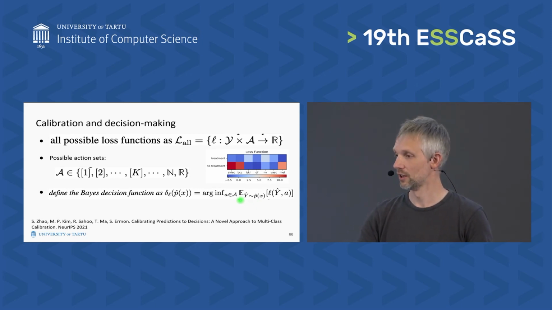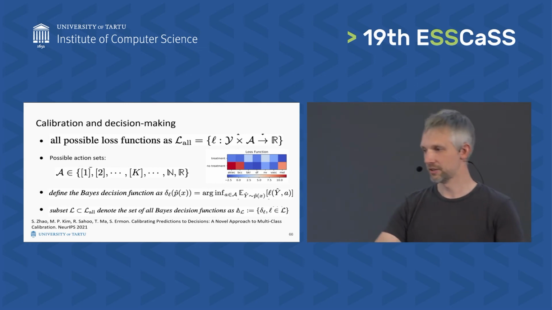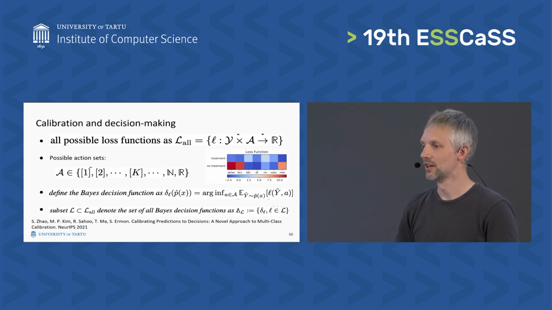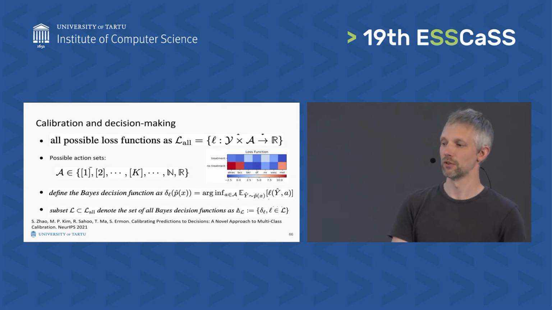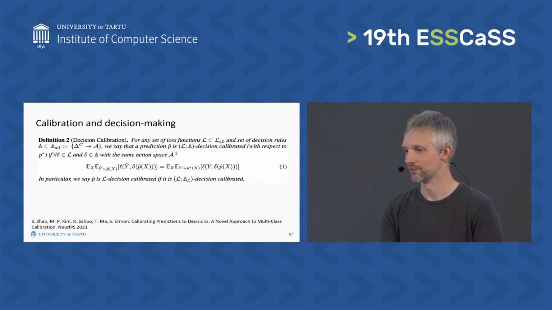So we consider all possible actions and find the one for which the expected cost is going to be the smallest, assuming that our uncertainty is well calibrated. It's called the Bayes decision function in this case. And we could consider many different such cost or loss matrices, and for each of them there exists a right way of making decisions, the Bayes decision function.